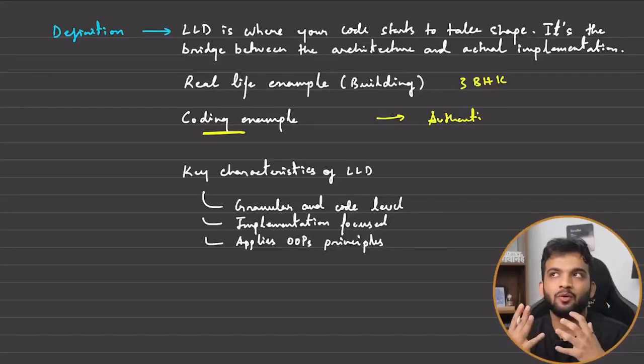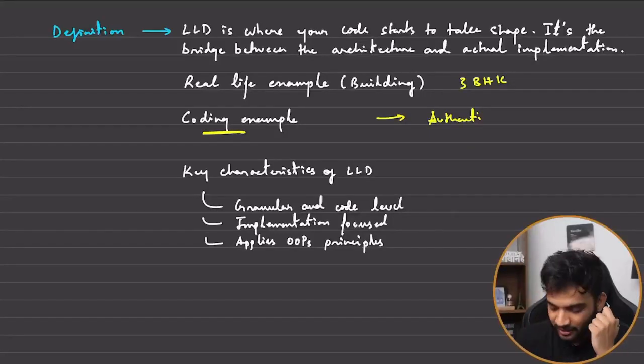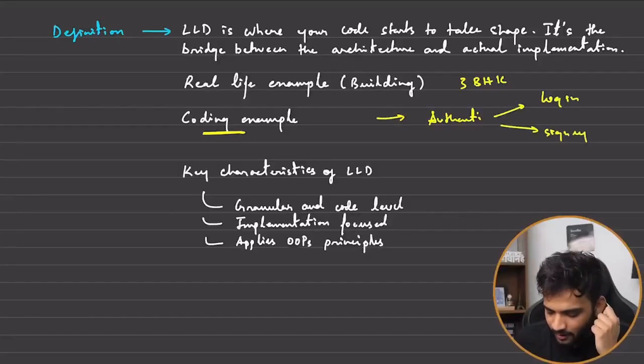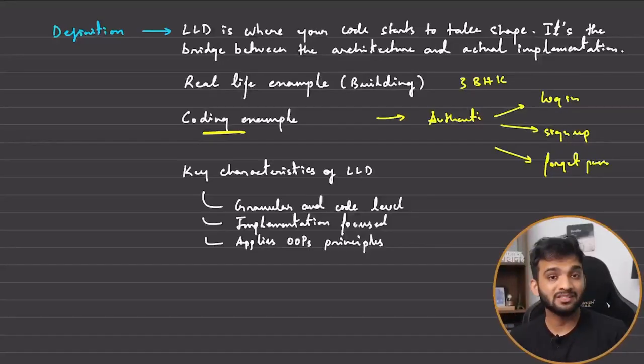So whenever we are talking about authentication, what do we need to maintain? We definitely need to maintain something like a login, something like a sign up, at the same time something like a forget password. So maybe while designing, we'll have a login class, maybe we'll have a sign up class, maybe we'll have something around something else that is an edge case.